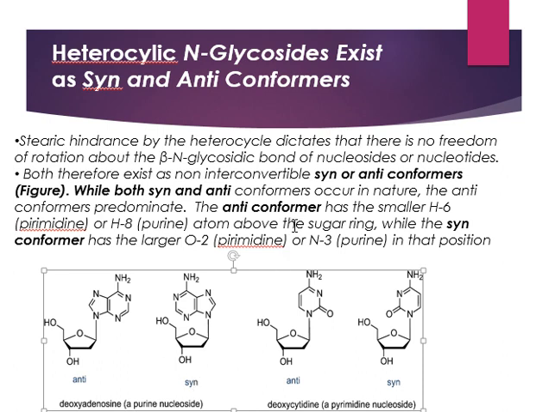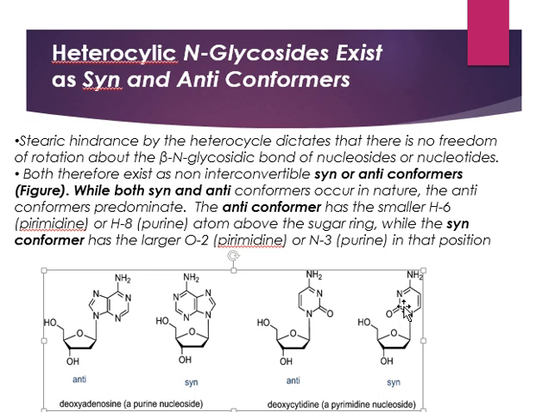एंटी कन्फर्मेशन में हमारे पास दिस इज़ एंटी कन्फर्मेशन and this is anti-conformation, purine anti-conformation and pyrimidine anti-conformation. In anti-conformation, smaller molecules are above the sugar ring, and in syn conformation, larger molecules are present in the syn position.